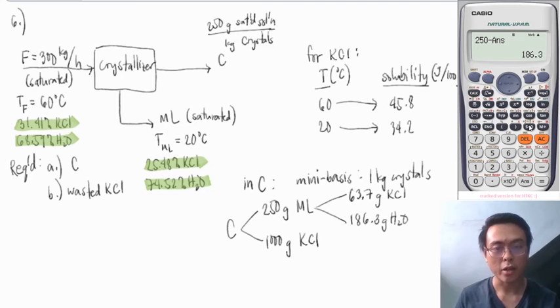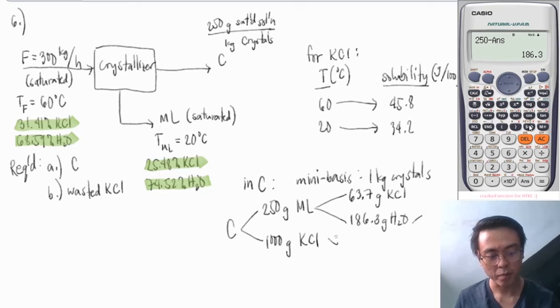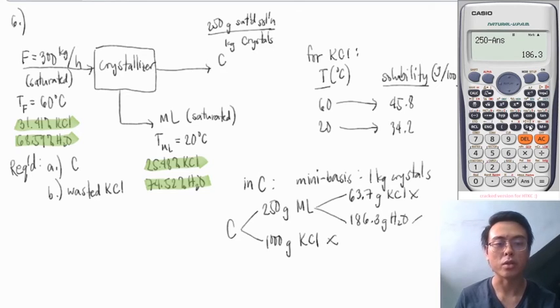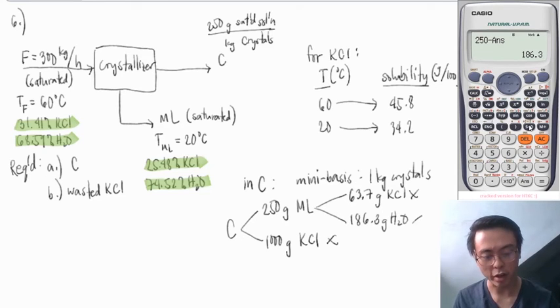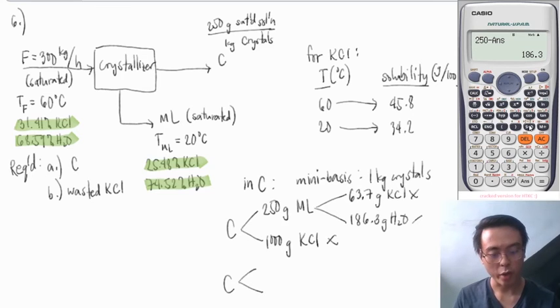So you see here, we only have one entry for water, but we have two entries for KCl, this one and this one. So you just have to add them, and then you can get the percentage by weights. So let's rewrite your 3 for C. How much water do we have? We have 186.3 grams of water.